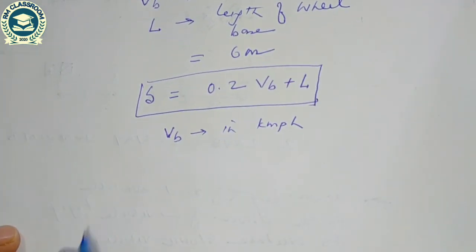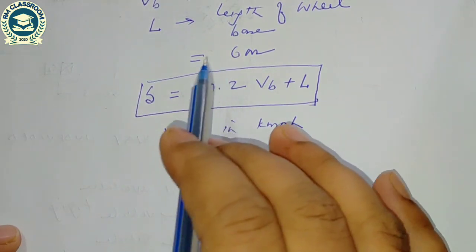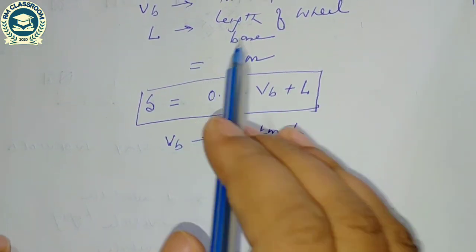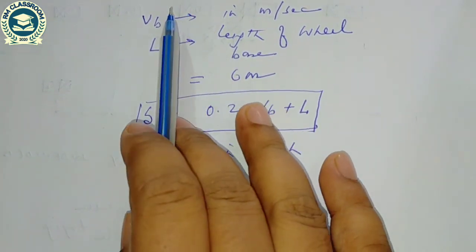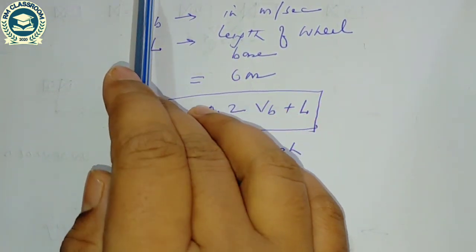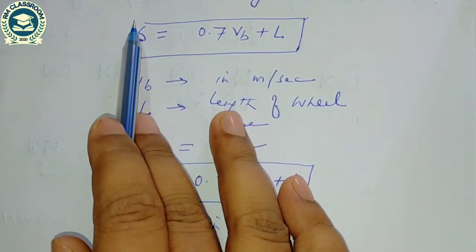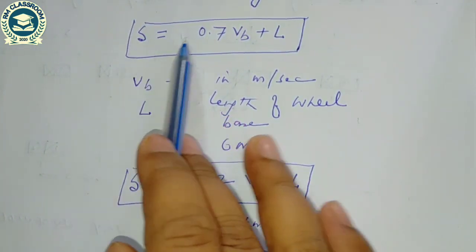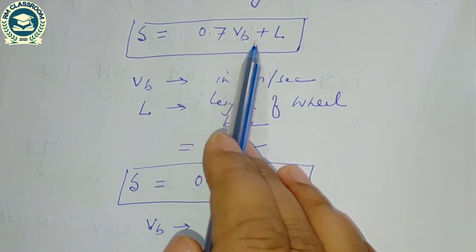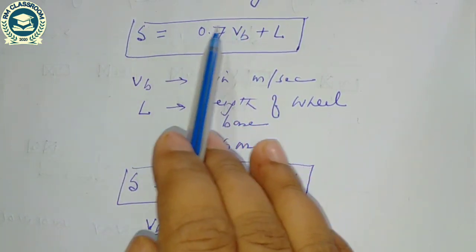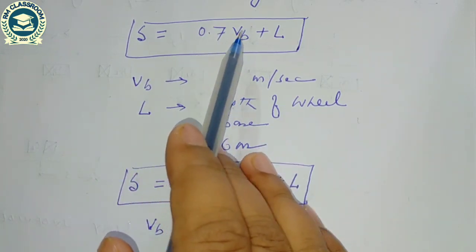So these are the differences. In transportation engineering, as I told you, I will take velocity in meter per second. So for the computation of overtaking sight distance, I will always use minimum space headway equal to 0.7 Vb plus L, because earlier I have used the velocity in meter per second. That's why I am using this.